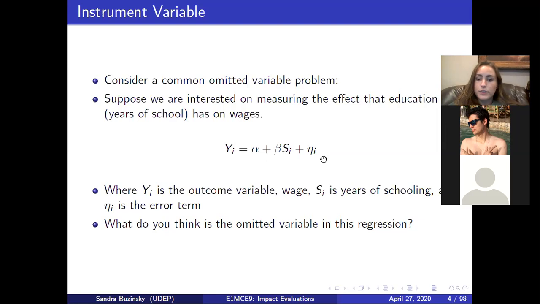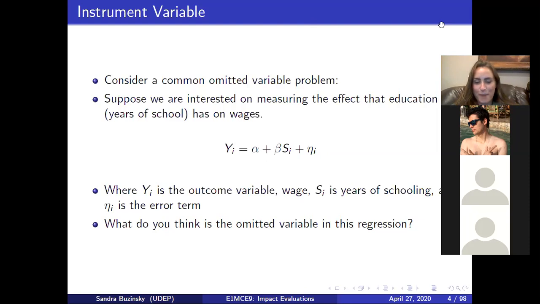Okay, so what do you guys think could be an omitted variable in this regression? What are we missing that could explain wages? Jorge, right off the bat, said ability. That's very true.